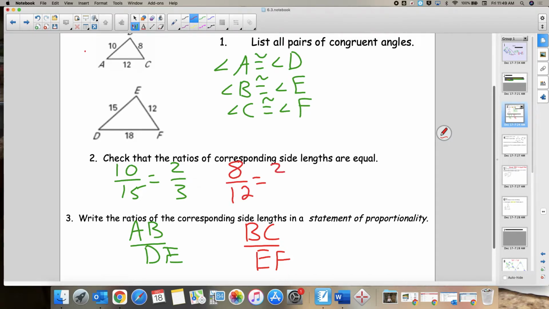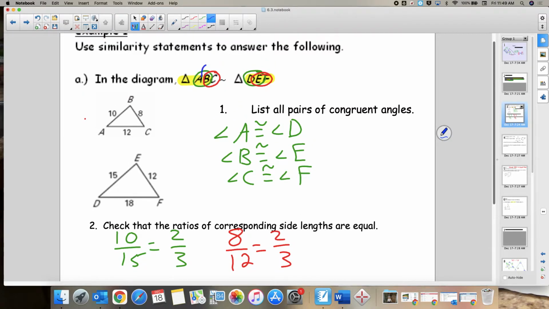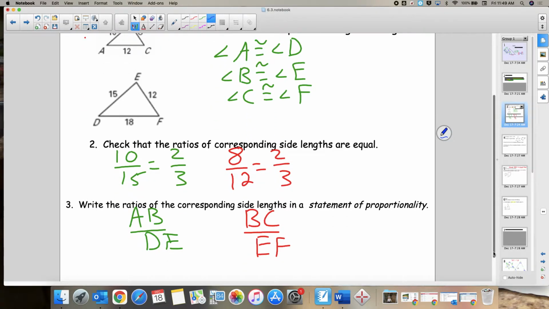If we reduce it, we get 2/3. Finally, we'll look at our last set, the set we're missing. AC to DF, which would be 12 over 18, which also reduces to 2 over 3.